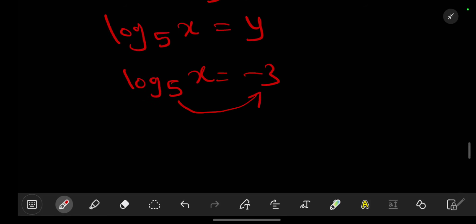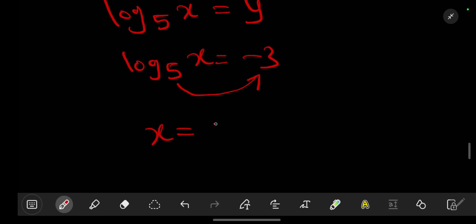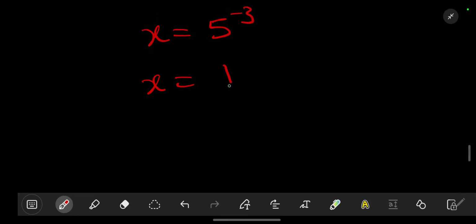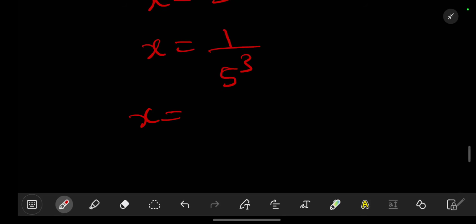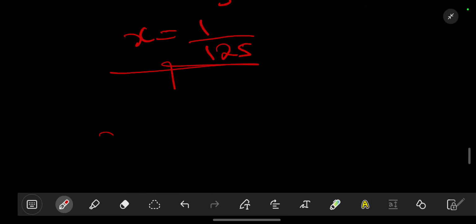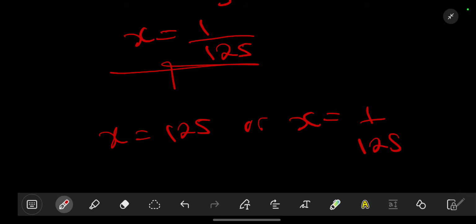This 5 goes this side, it will be x is equal to 5 to the power negative 3, which will be x should be equal to 1 over 5 to the power 3. So x is equal to 1 over 5 to the power 3, which is 125. So that is our answer to that problem. So it's either x is equal to 125 or x is equal to 1 over 125.